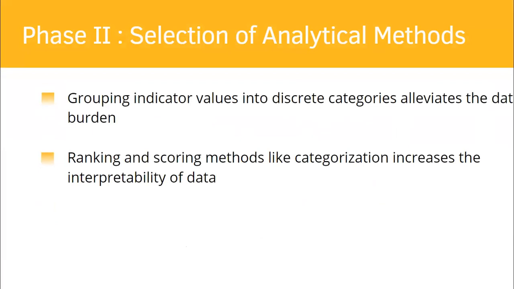And when we select an analytical method, we actually group the indicator values into discrete categories, alleviating the data burden. And we also do ranking and scoring methods like categorization, increasing the interpretability of data. So what I want to point out here is that when you select an analytical method, you just choose which one is applicable to your study. Okay?